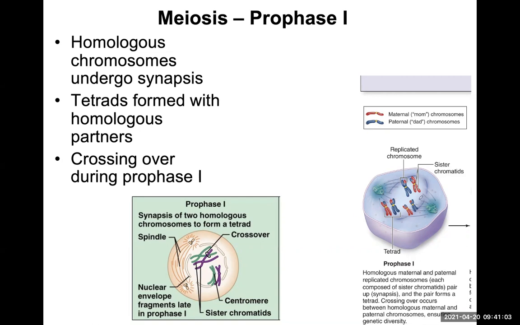Let's say you have chromosome 1 from mom and chromosome 1 from dad, right? Here you can see the duplicated arm of this one, and this would be the duplicated arm of this one.